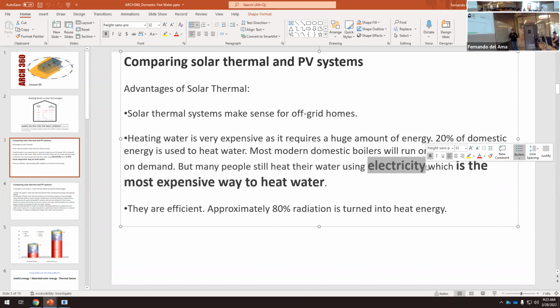If we use the same energy hitting the PV panels, we can use only 10% of that energy. We generate electricity, and then we lose part of this electricity in generating hot water. So that's why the system is not very efficient.